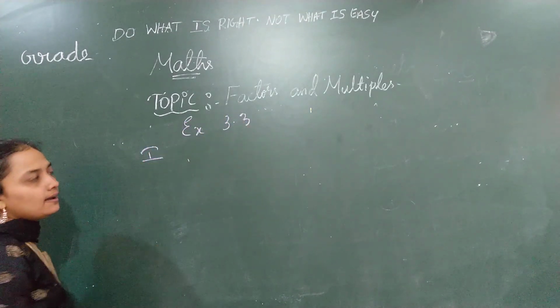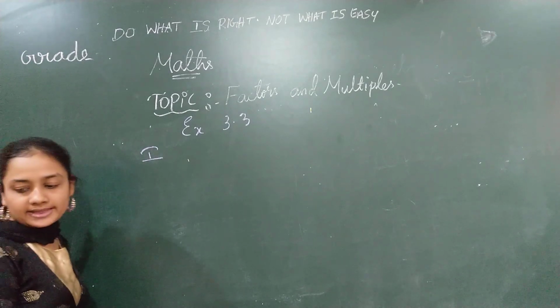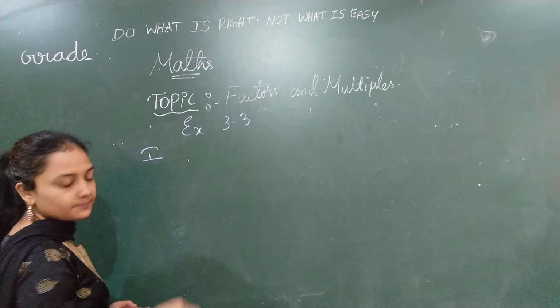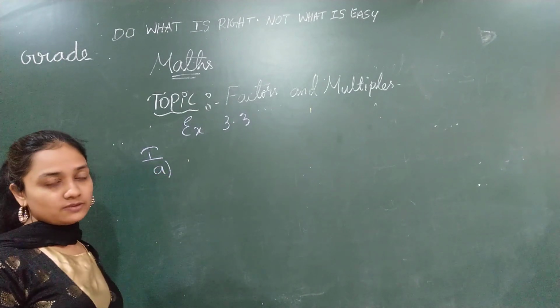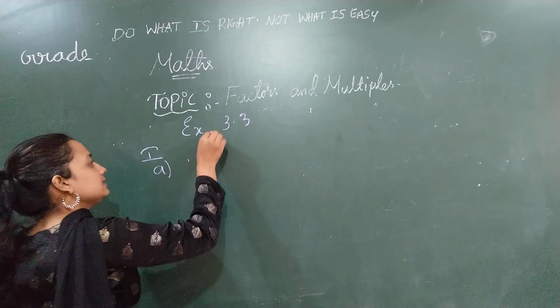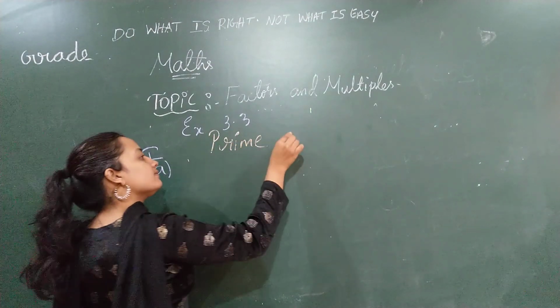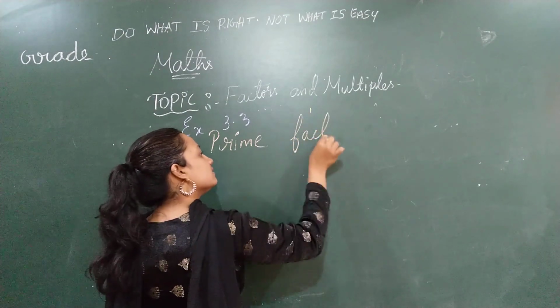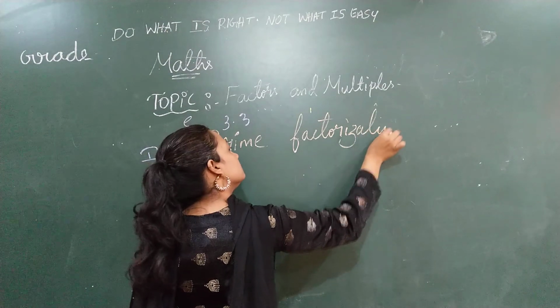First I am going to explain with two numbers and then explain with three numbers. A1. And the method which we are going to learn is prime factorization.